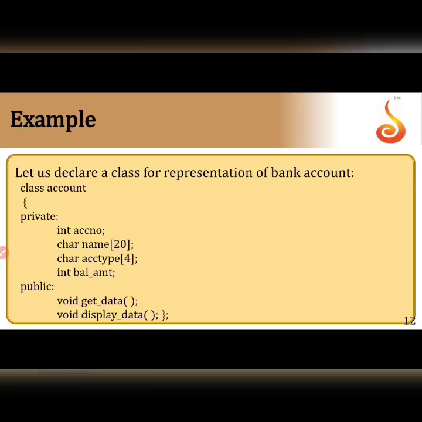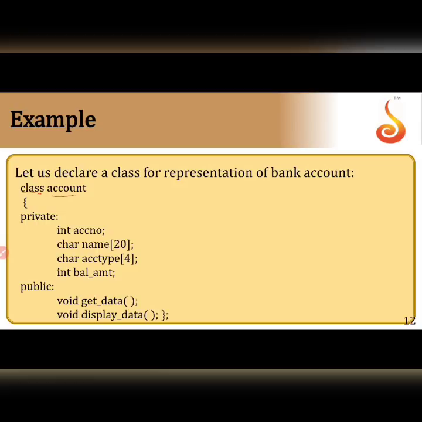This is one small example code module, that is class account. Class is a keyword, account is the name of the class. In that you have two sections, one is private, one is public. In private you have account number, which is of type integer, name and account type both are character arrays. Name would be the account holder's name, and account type can be your current account, your savings account, your demat account, NRI.